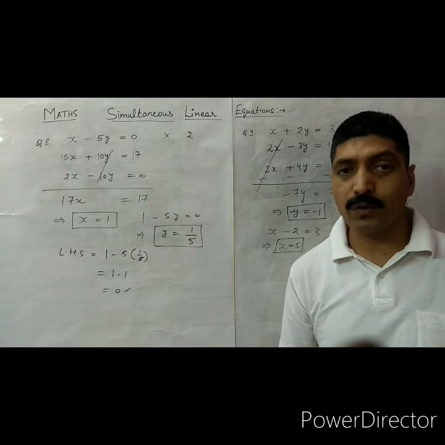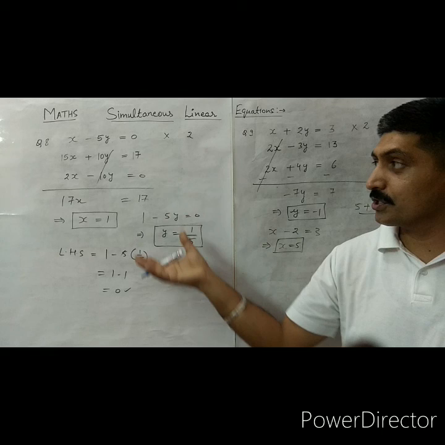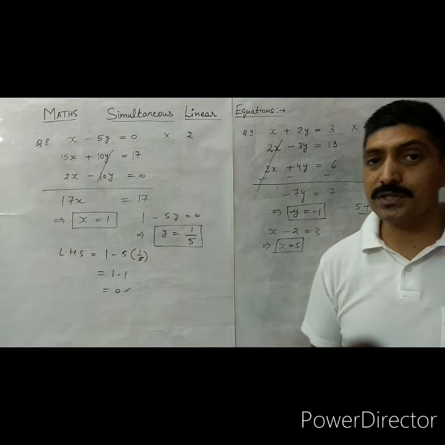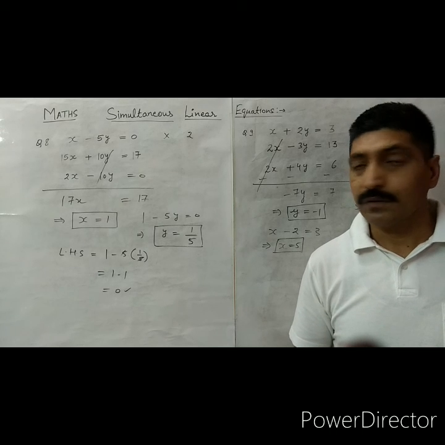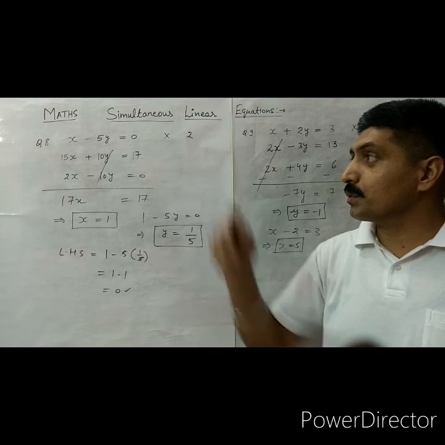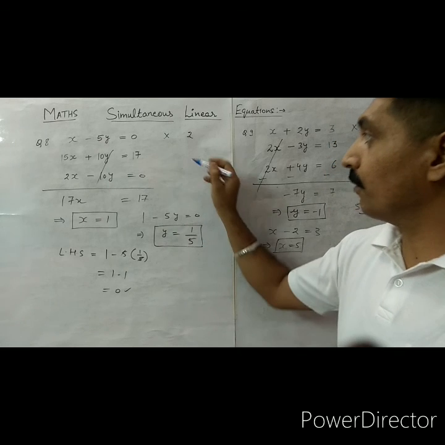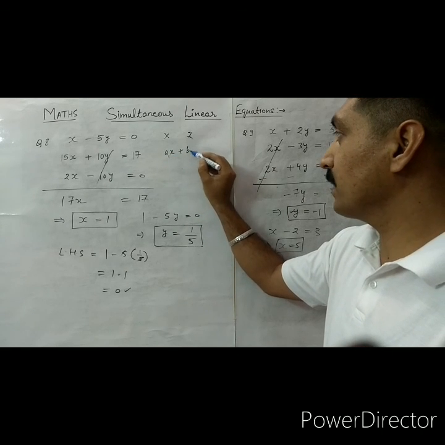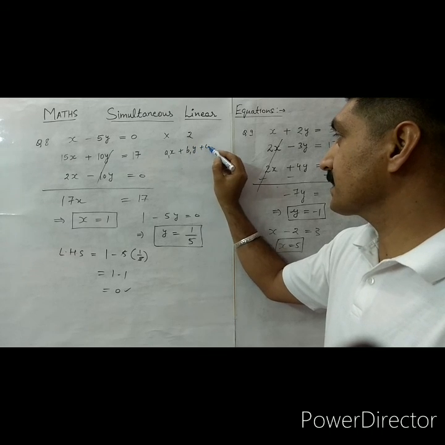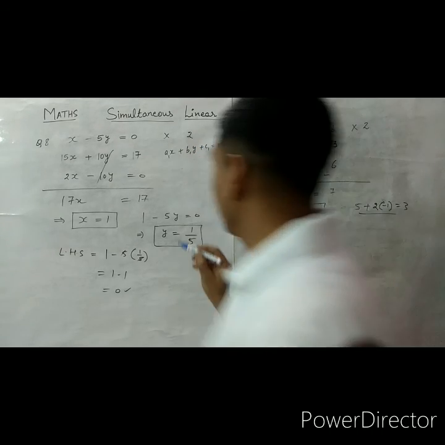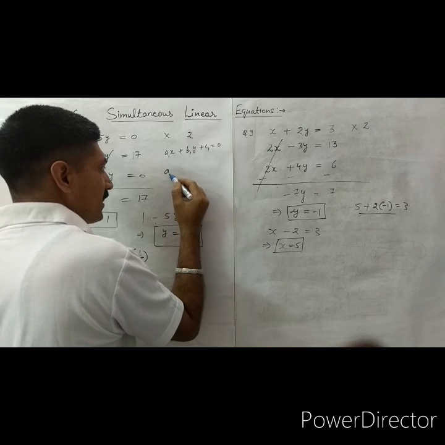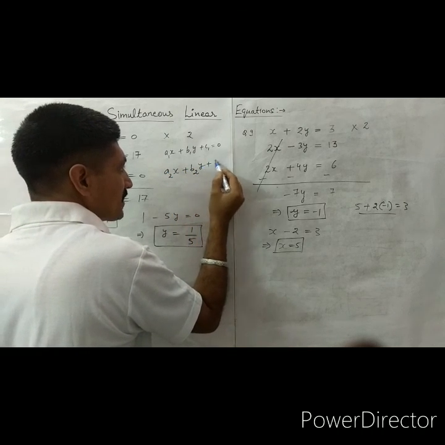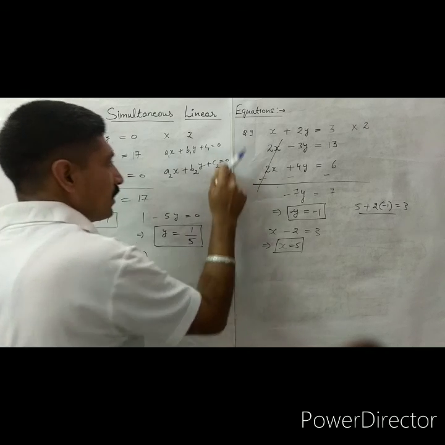So dear students, I hope you are very much clear with the topic of solving simultaneous linear equations. Always write these two equations in standard form: a1x plus b1y plus c1 is equal to 0, and for the second equation, a2x plus b2y plus c2 is equal to 0.